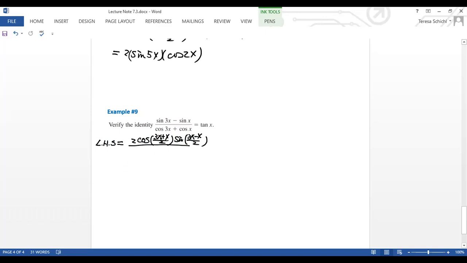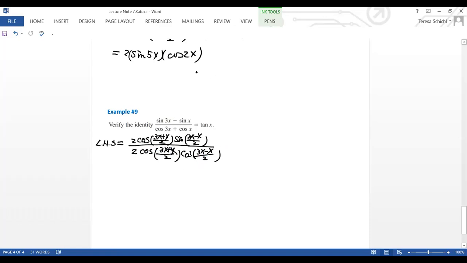Then the bottom is cosine plus cosine, so I use the third formula: 2 cosine of (3x plus x) over 2, times cosine of (3x minus x) over 2.